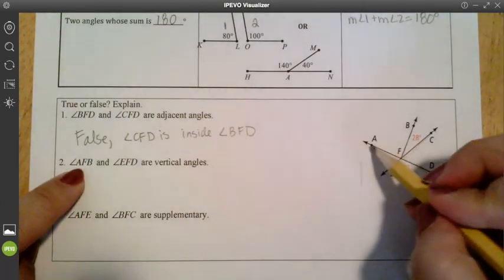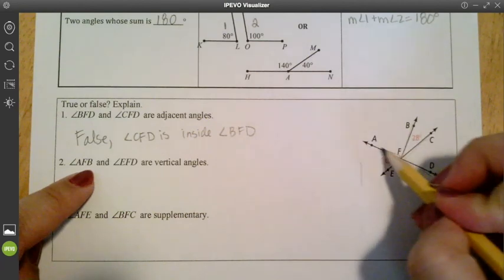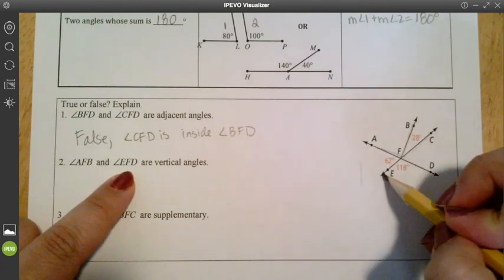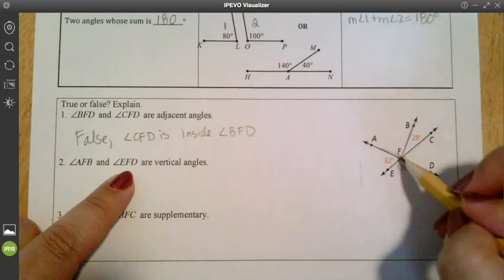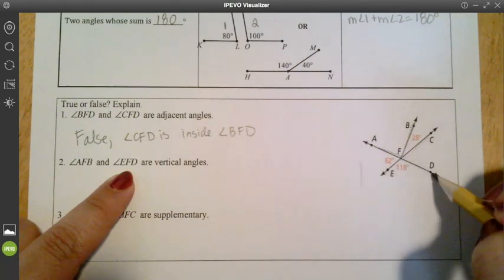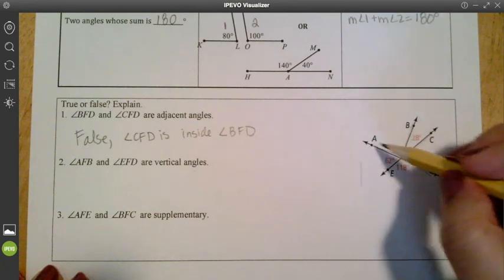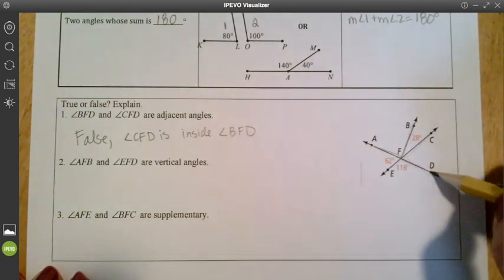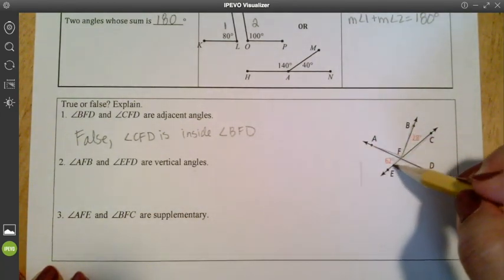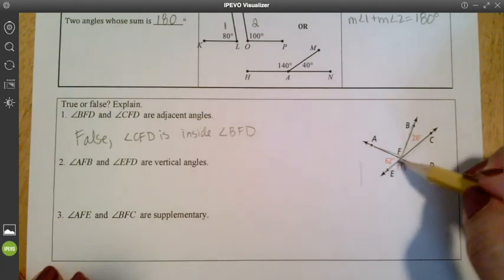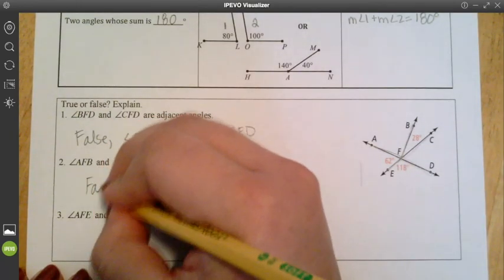Number 2: AFB and EFD, are they vertical? So the question for vertical angles is, are they made up of the same two lines? Well, there's one line, but this is not a line. See how it curves? So this is false.